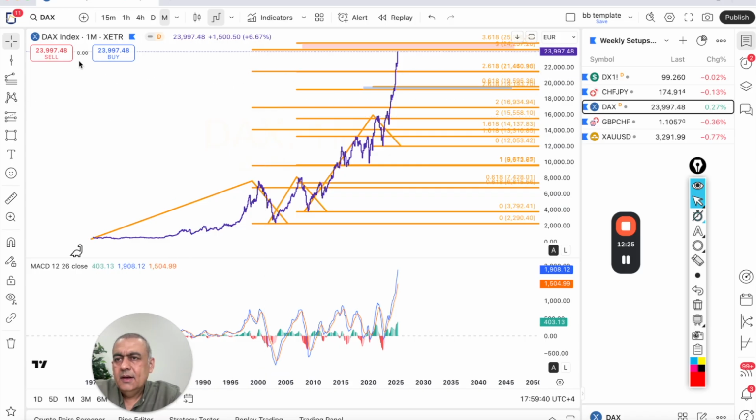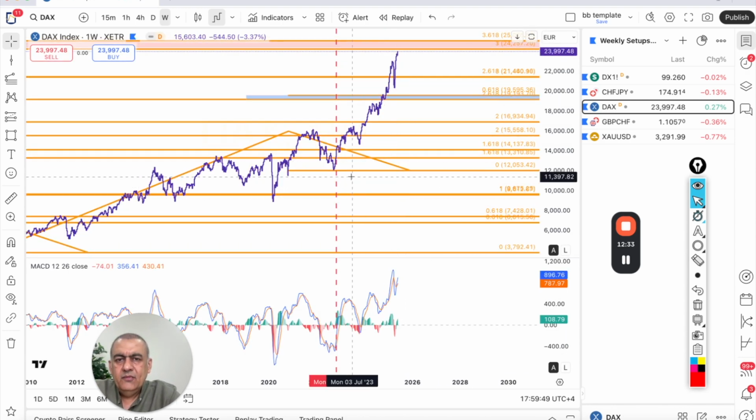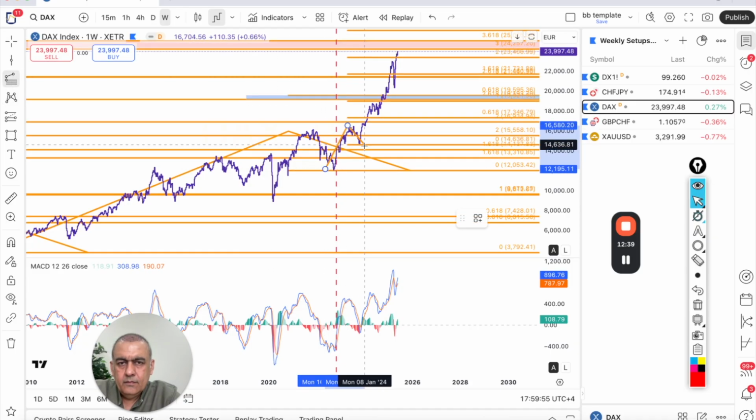Now we can apply a vertical line at point C and move to weekly frame. Now on the weekly frame, we have first ABC in the bullish direction applied. I'll change the color here.